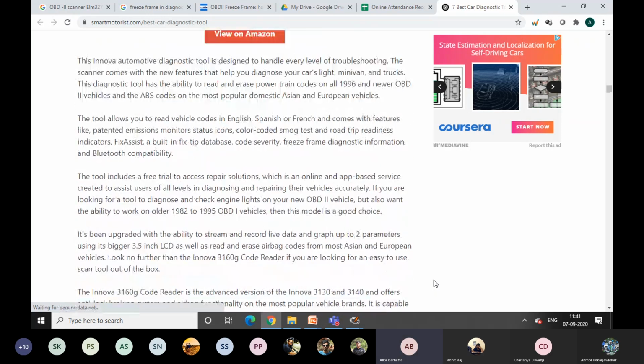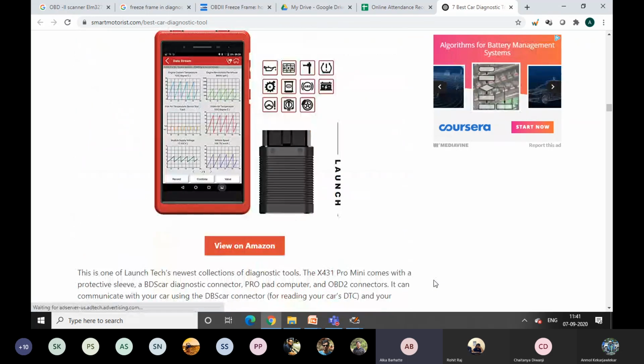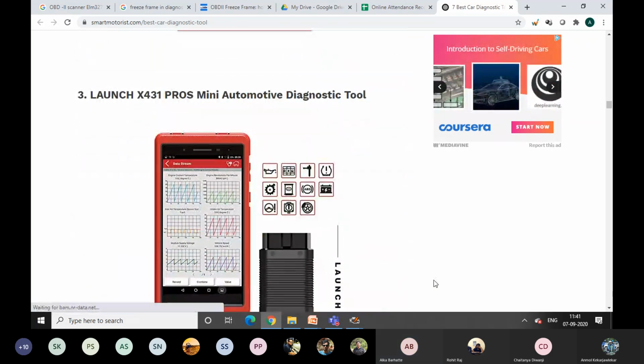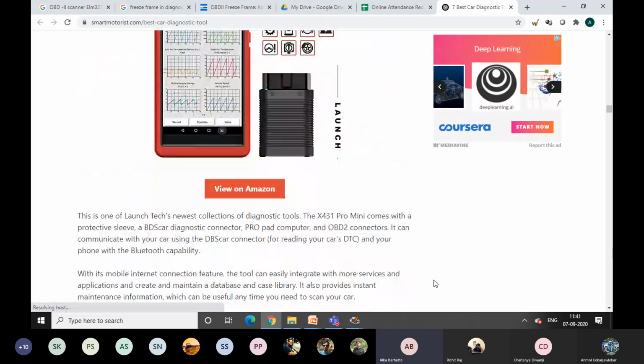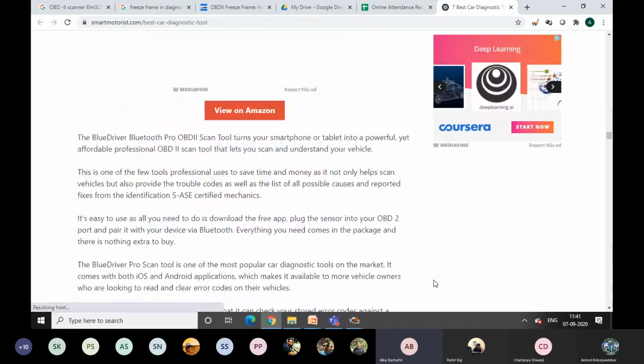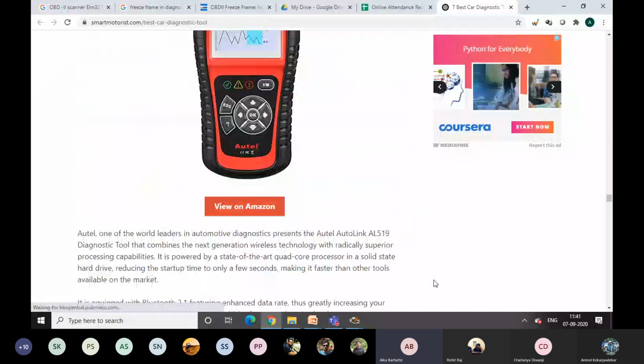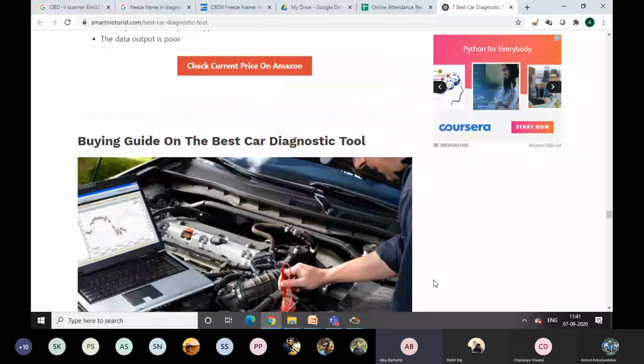Another scan tool is the Launch X431 Pro. Like this you can go through the description of the various scan tools which are available. These are the most commonly used scan tools, and here you can see how it will be connected.